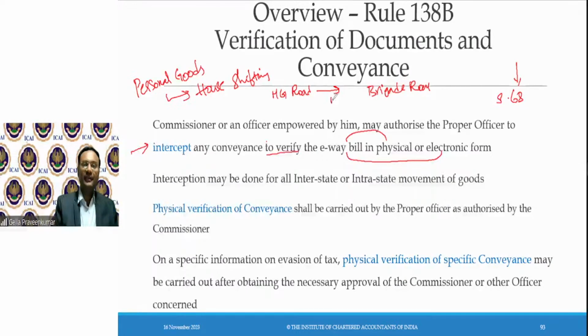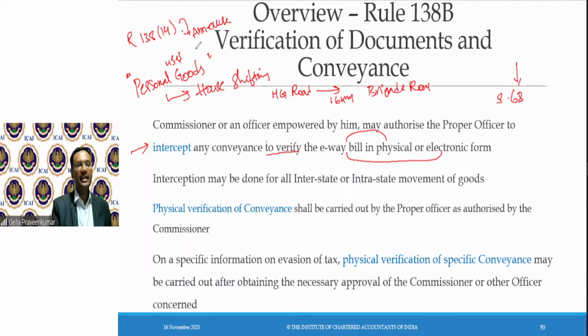This is 16 kilometers away. When I use a truck for transportation, and the goods in the truck are personal used goods, as per Rule 138, sub-rule 14, there is an annexure. Based on the annexure, personal use goods are exempted from carrying e-way bill.